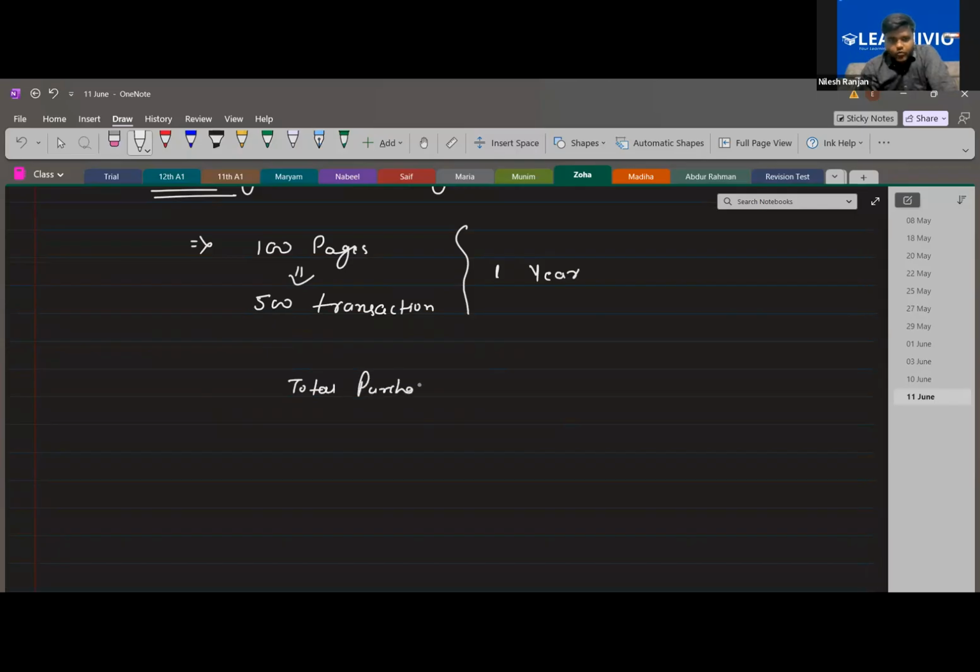Now if you have to calculate the total purchase of the year, what we have to do is go through these 100 pages, all the transactions one by one, so that we can find all the purchases during the year and then calculate the total.